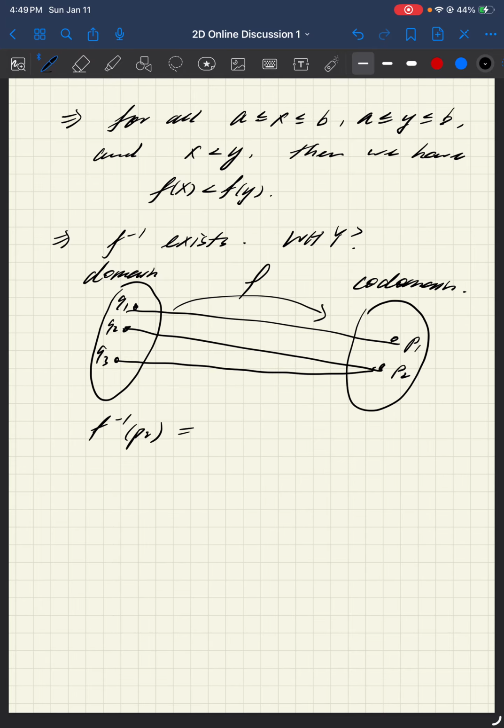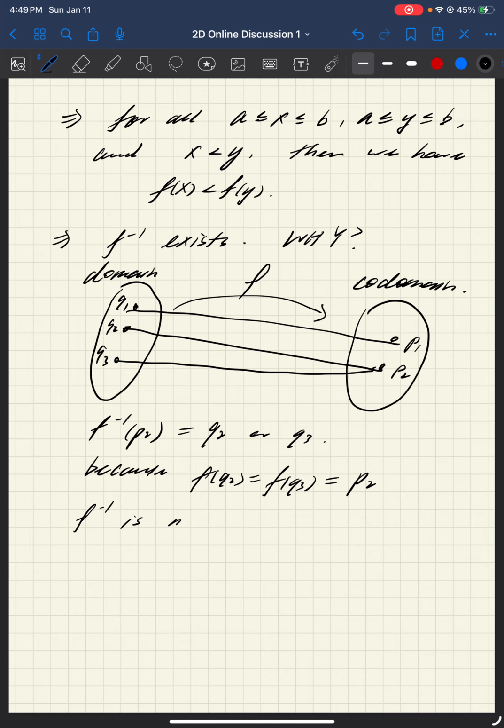It's either going to be Q2 or Q3, because f(Q2) is equal to f(Q3), which is P2. So in this case, f inverse is not a function, because f maps 2 different points to the same point.